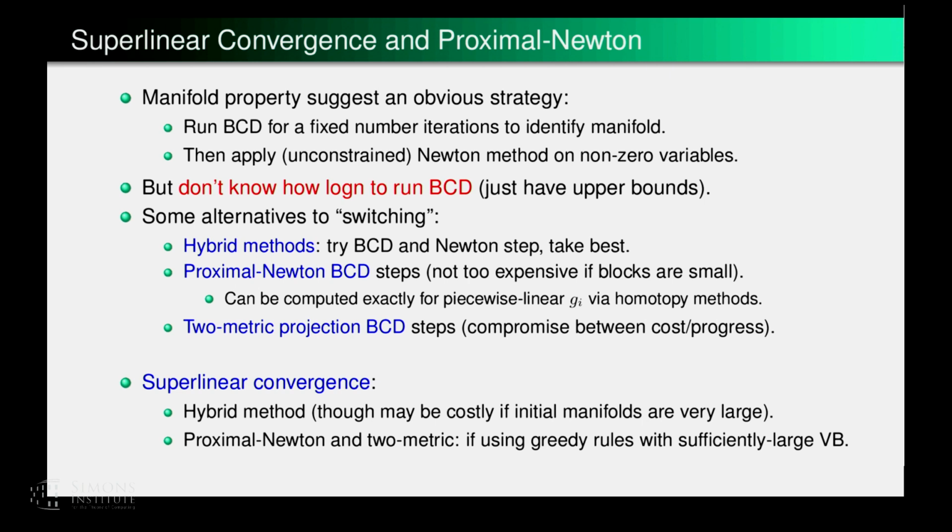If you use these other two methods, you can get it if you use a greedy rule and you have sufficiently large variable blocks. So it's actually possible for BCD methods to get superlinear convergence in some of these settings, because they eventually identify the final set of non-zero variables, and then they effectively apply Newton on those steps, which turns it into a Newton method.